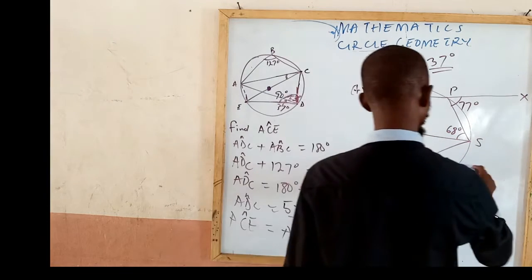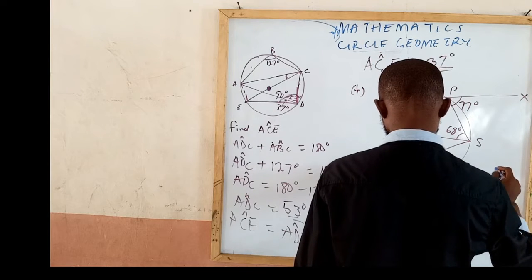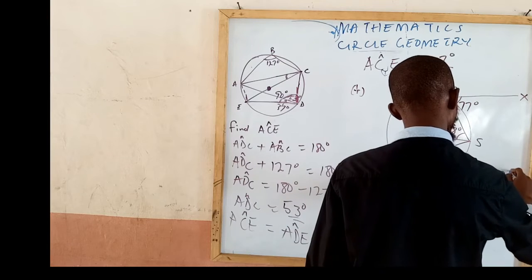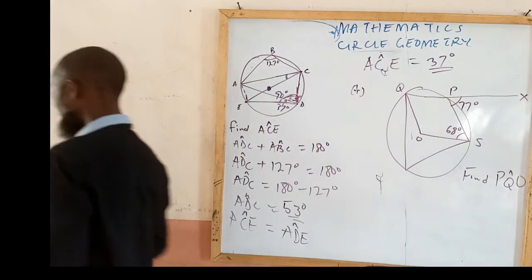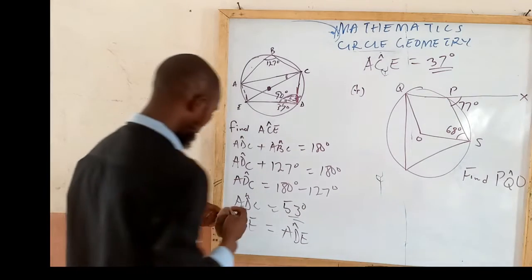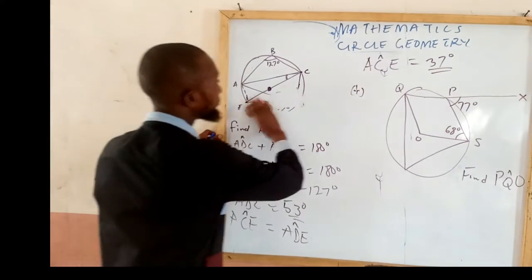And we are asked to do what? To find P, Q, O. So here we have to find angle Q. So find angle Q in that situation.